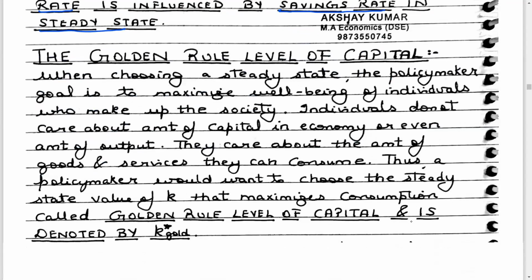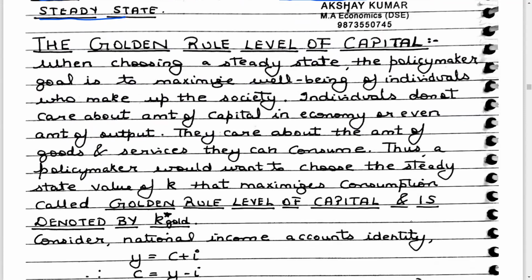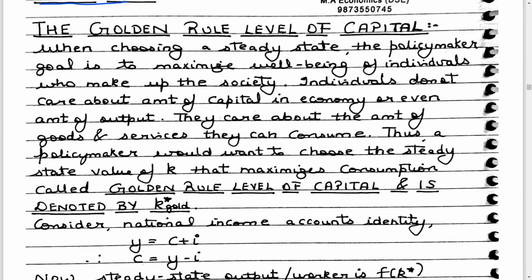Okay, so now guys, after having understood the impact of savings in the Solow economy, let us also talk about another very important concept called the golden rule level of capital. Till now, whatever analysis we have done, you would have understood that different savings rates will give you different levels of steady state capital stock per worker.